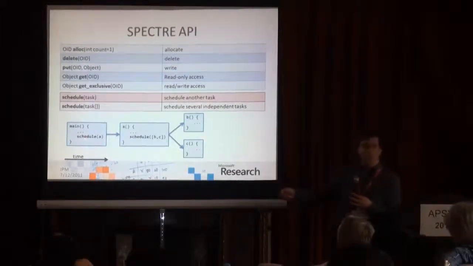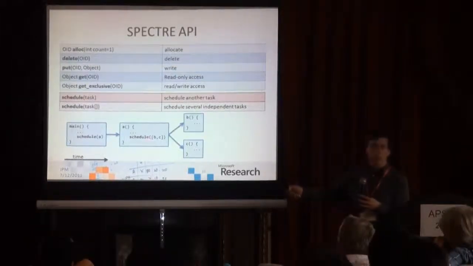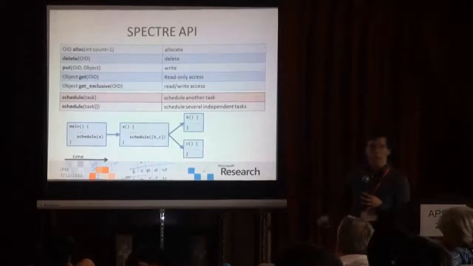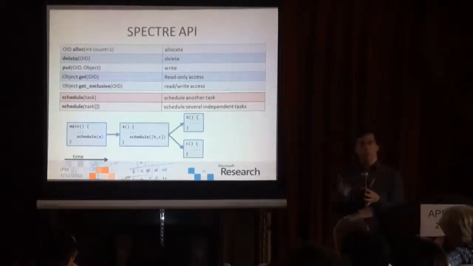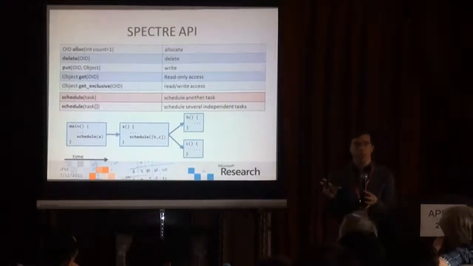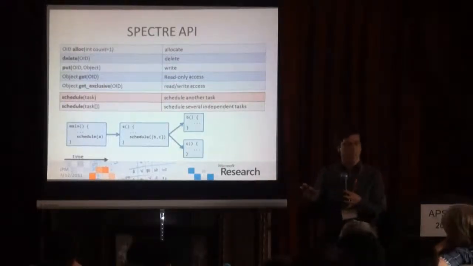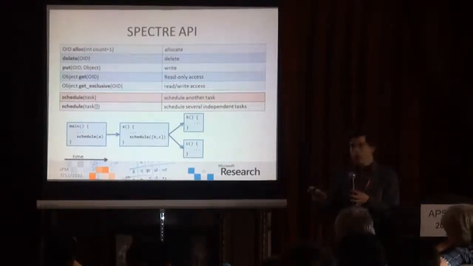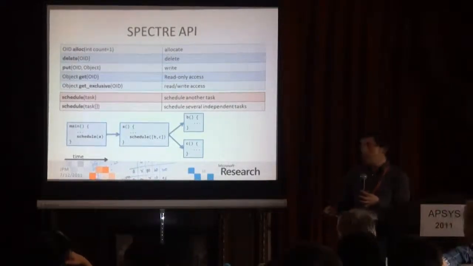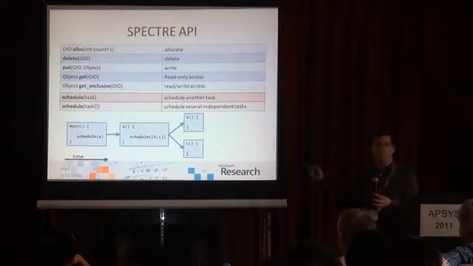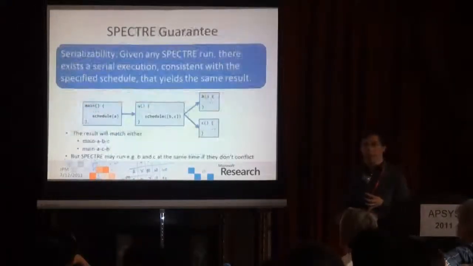So here in the example at the bottom, I have two tasks in sequence, and then tasks B and C are in parallel. Now, in some systems, when you have tasks in parallel, you have to carefully make sure that they don't access the same parts of memory. In our system, this is not the case. So you can do whatever you want in B and C, and the system is going to figure out whether it can run these in parallel or not.